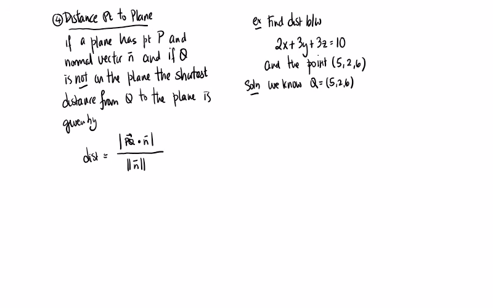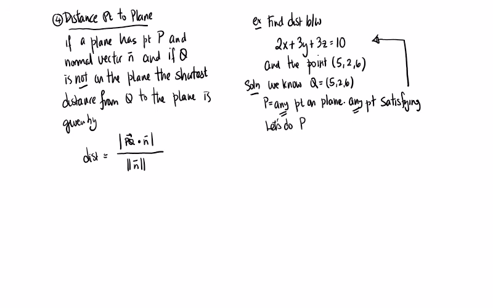Now, we need two things. We need P. P is a point on the plane. P is any point on the plane. What this means is it's any point satisfying that equation. So literally anything.